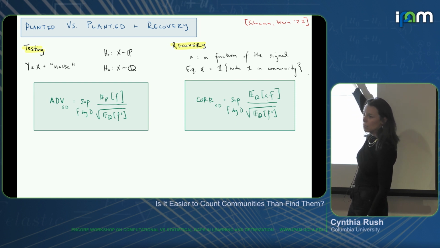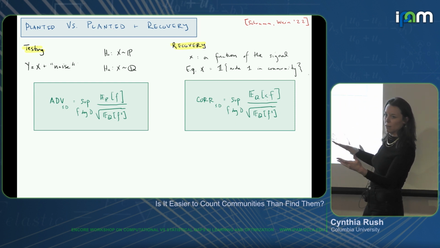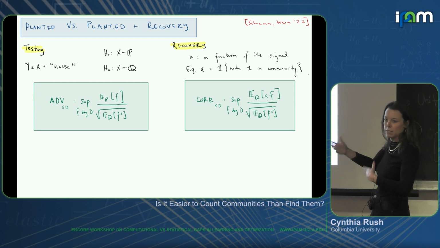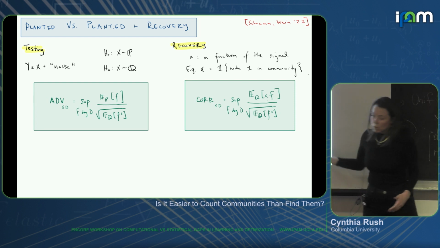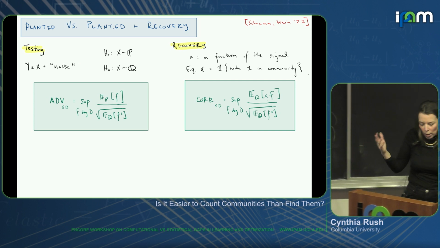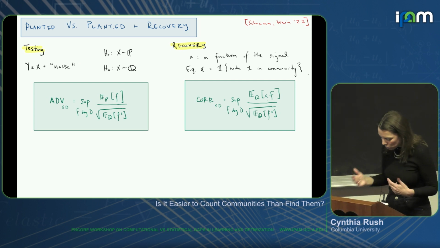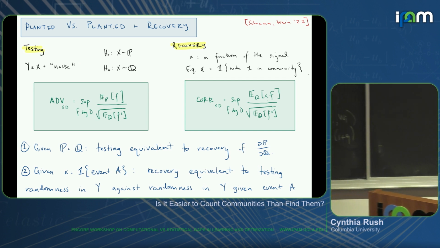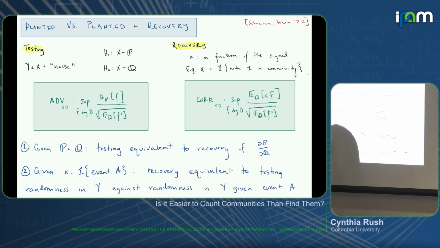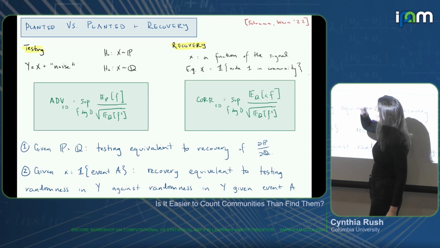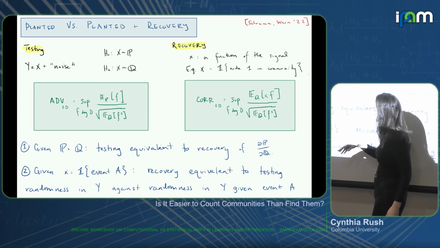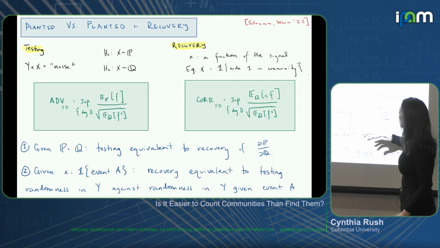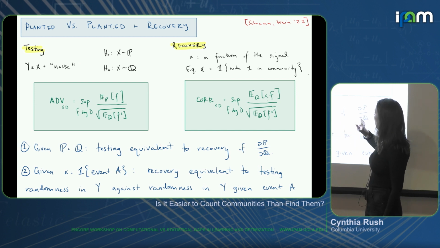And so if you can study the hardness of this, then it gives you the hardness of the entire problem because of the symmetries, right? But what this suggests is a way to work back and forth between these testing and recovering frameworks. So the idea is if you're given a P and Q, then testing P versus Q is going to be equivalent to recovering the likelihood ratio when it exists, right?